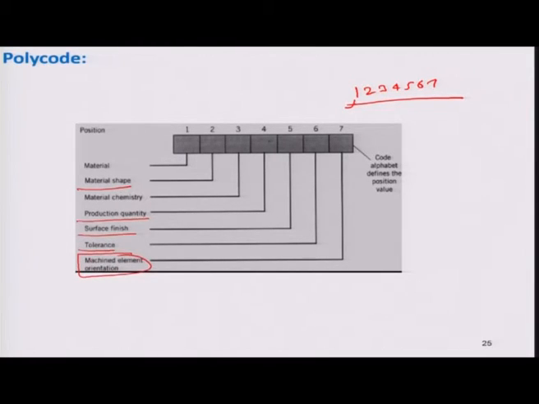You can see that code 1 is completely independent of code 2, and code 3 is also independent of 2. So if you want to change the shape of your part, you can easily do so. It will not affect your material, metal chemistry, production quantity, and so on. So this is the independent coding system.